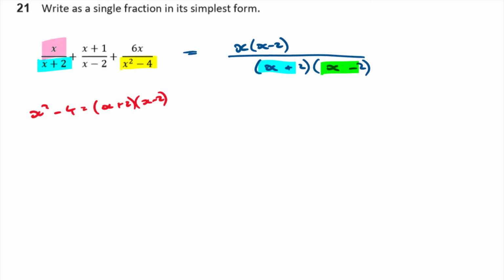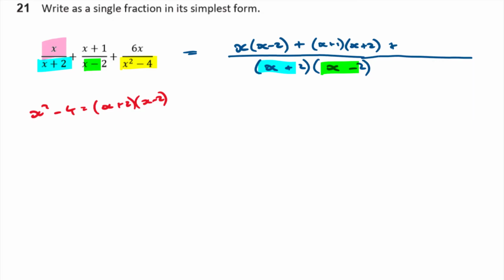Okay, and then I've got a plus sign, and I've got x plus 1 over x minus 2. Now, x minus 2 goes into x plus 2, x minus 2, x plus 2 times. So I'm going to have to multiply this one, x plus 1, by x plus 2. And then I'm going to make this a bit longer because it's quite a big chunky one. And then I've got another plus symbol, and I've got 6x over x squared minus 4.